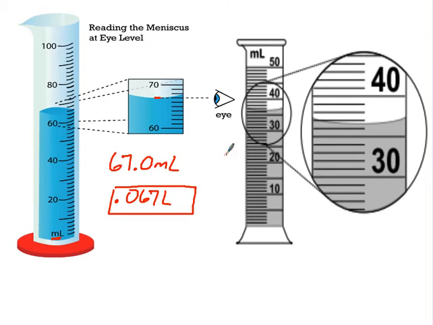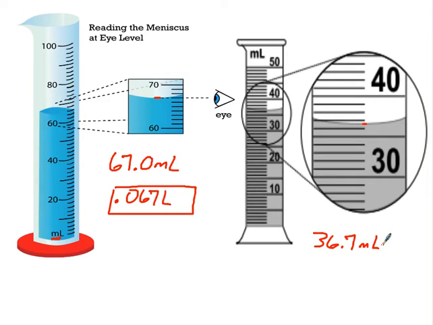Okay, so let's look at this one. Again, every line is 1 milliliter because there's 10 lines in between here. So this is 35, so I can see 36. But I have to decide how far I think it is in between these two lines. I think it's a little more than halfway between 36 and 37. So I'm going to say 36.7.